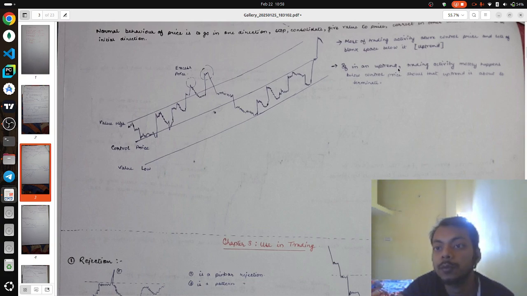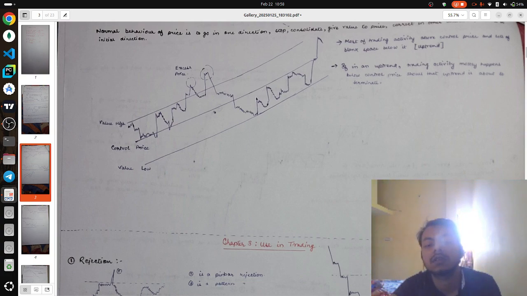So if in an uptrend, trading activity mostly happens below control price, it shows that the uptrend is about to terminate. So this was an uptrend. In the uptrend, trading activity started accumulating below control price. This one. So what does this indicate? This indicates that now buyers are not willing to buy aggressively.